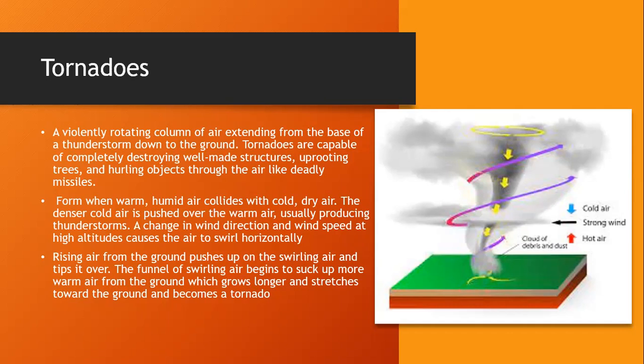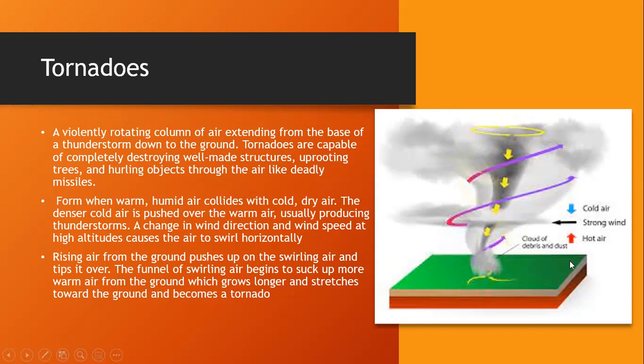Once the rising air from the ground pushes up on the swirl and tips it over, that's how you get that funnel. Once the warm air keeps getting sucked up and the funnel touches the ground, that's when the tornado forms.